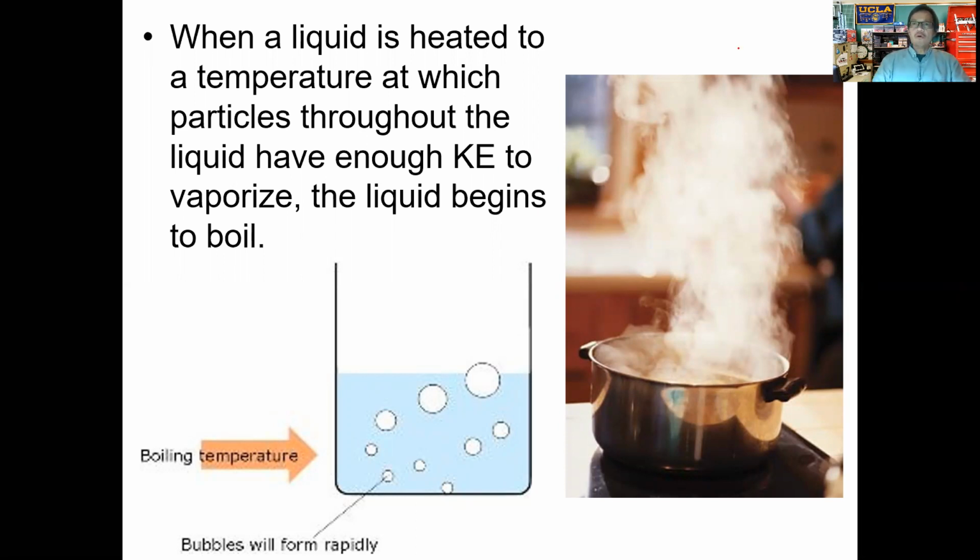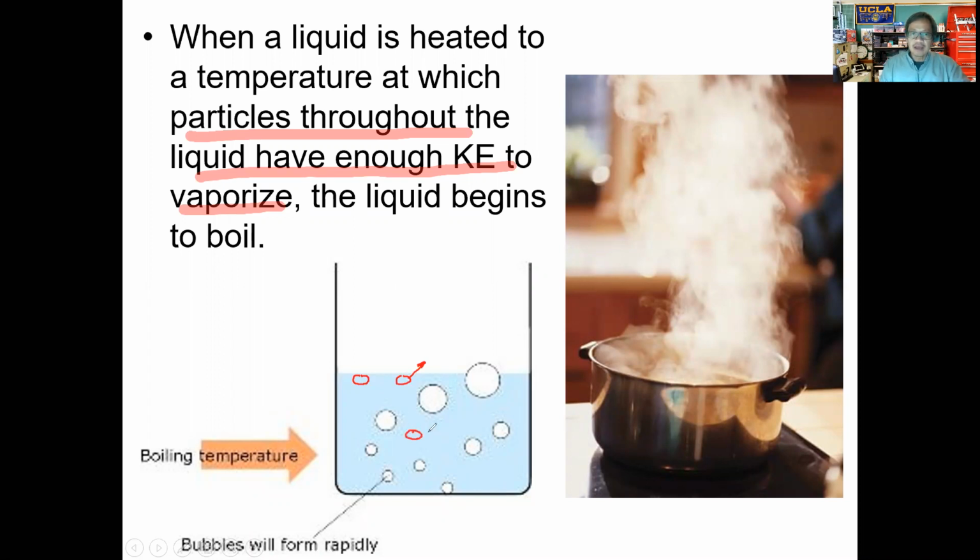All the particles throughout the liquid obtain enough kinetic energy to vaporize. That means not only are particles at the surface starting to break free of their interactions, but we have particles underneath the surface that are moving so fast that they are no longer attracted to the particles around them.